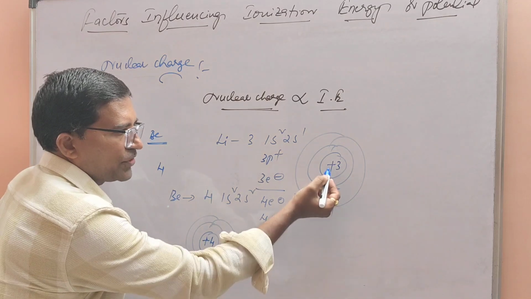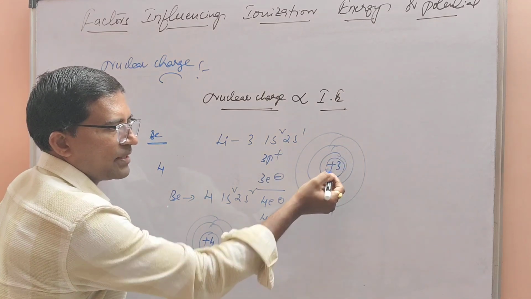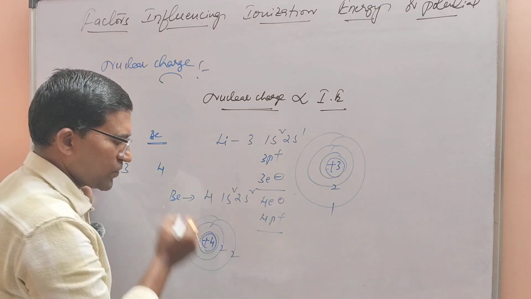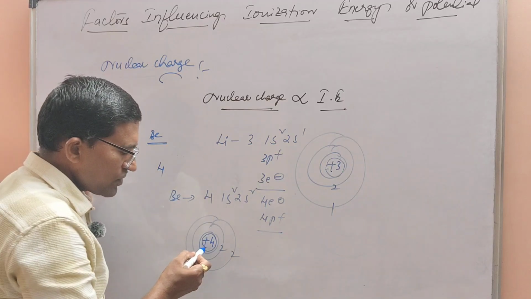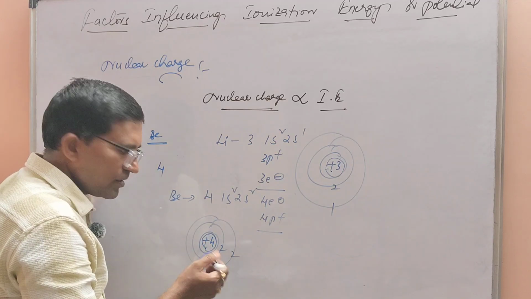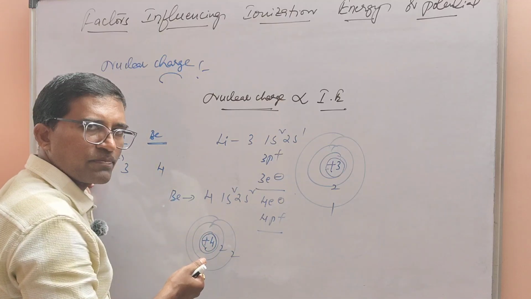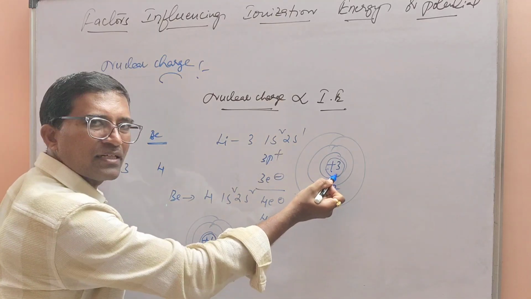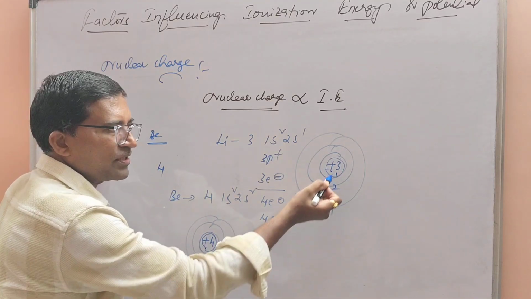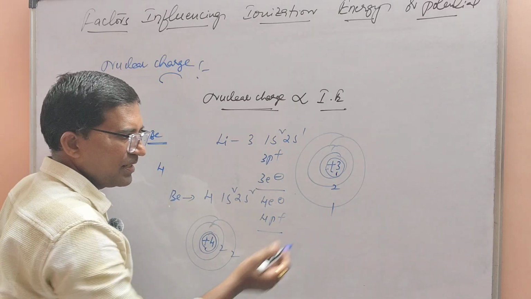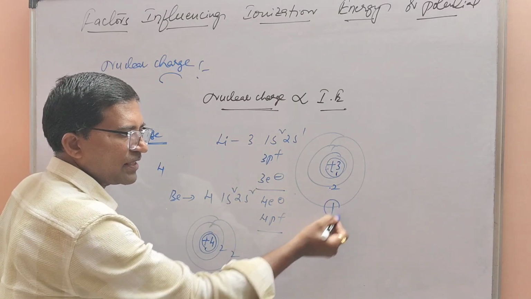So the nuclear charge here is plus 3, whereas the nuclear charge here is plus 4. With plus 4 charge, the second shell 2 electrons feel more attractive force towards the nucleus compared with lithium. Lithium nuclear charge is plus 3, with first shell 2 electrons, second shell 1 electron.